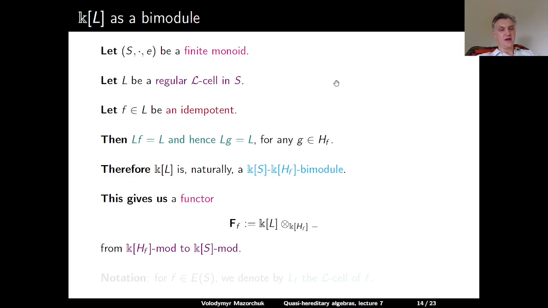And this gives us a functor from the category of all modules over our maximal subgroup H of F to the category of all modules over our monoid S. And a piece of notation: for an idempotent F in S, we denote by L sub F the left cell of S which contains F.